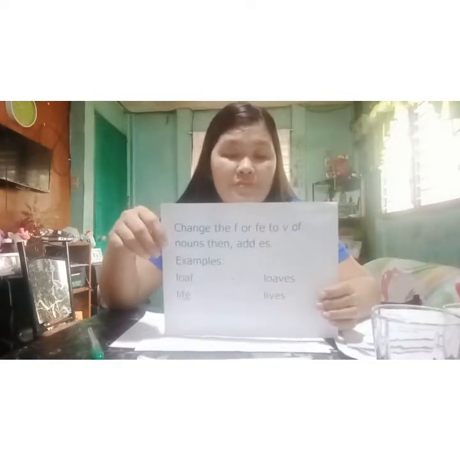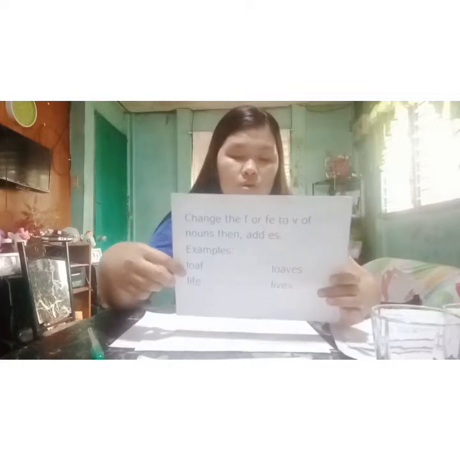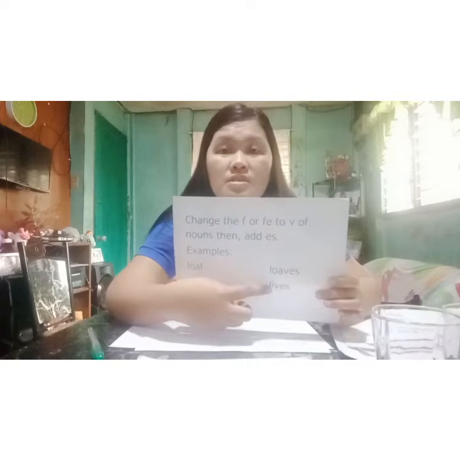Next, there are also some nouns which end with F or FE. Now, what do we do? We change the F or FE to V, then add ES. Examples, we have loaf, becomes loaves.